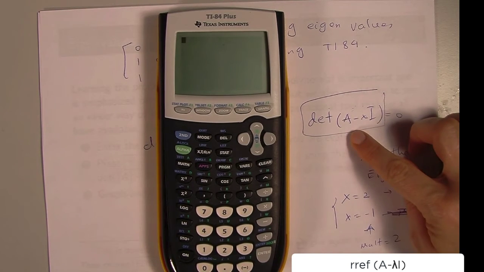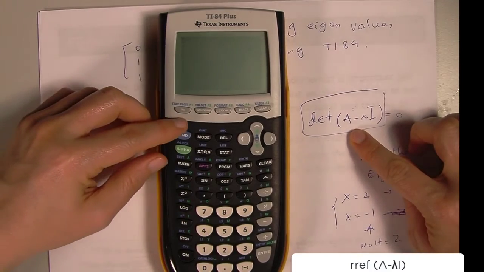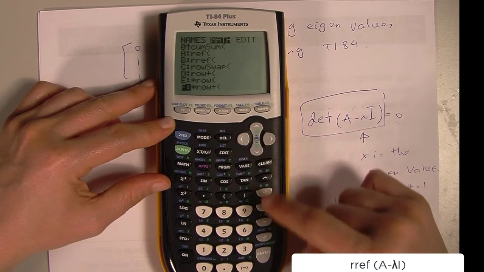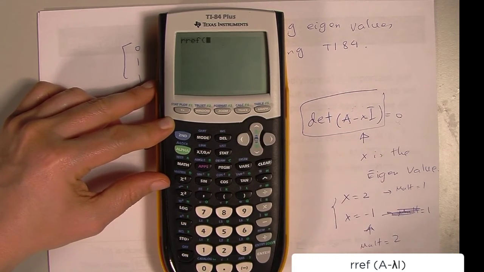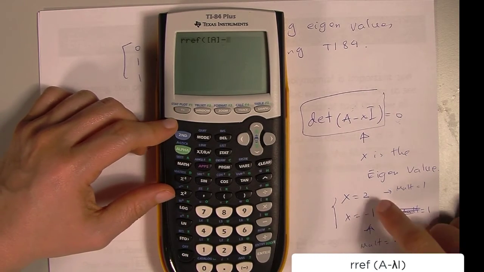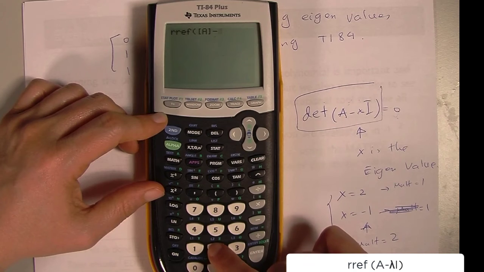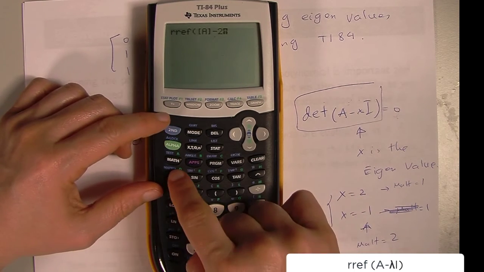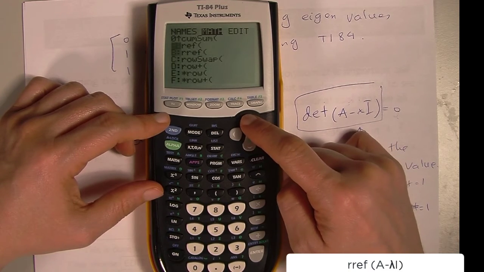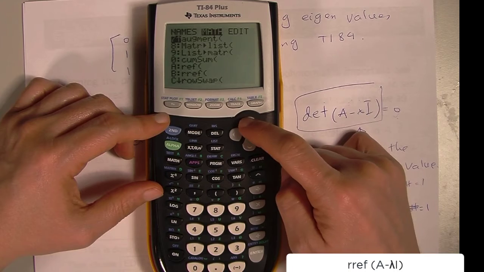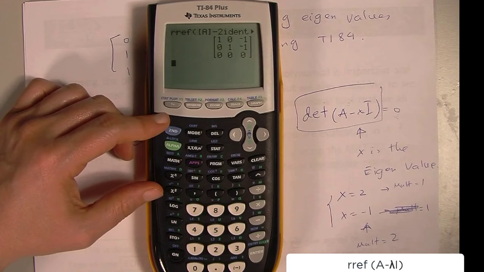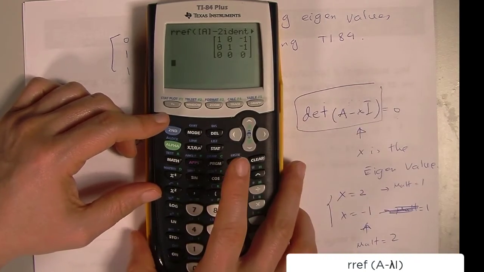Because you already have entered A, go back to the matrix environment, to the math environment, use the reduced row echelon form, enter matrix A, and for example, for this one, I enter 2, then back to the math environment, identity 3.